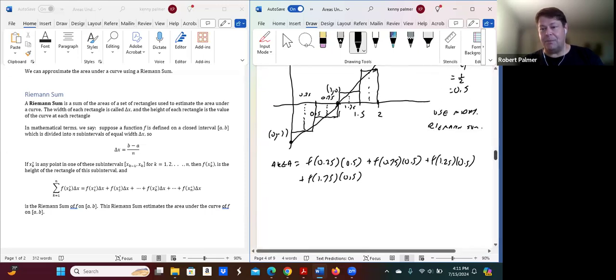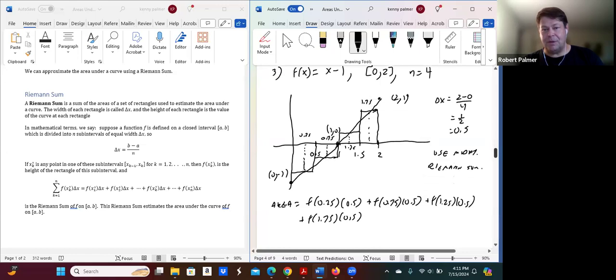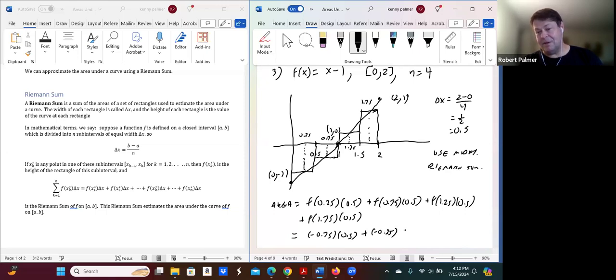Okay, now what's each one of those going to be? So we can actually do that. So there's x minus 1. So 0.25 minus 1 is going to be negative 0.75 times 0.5, plus 0.75 minus 1, which is going to be negative 0.25 times 0.5.